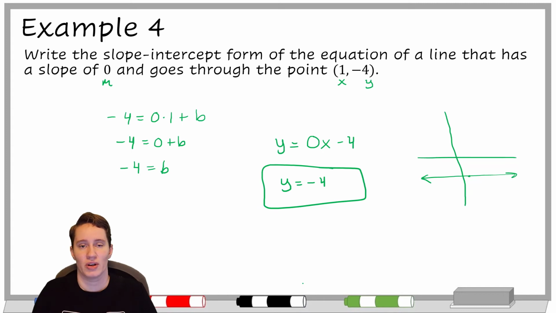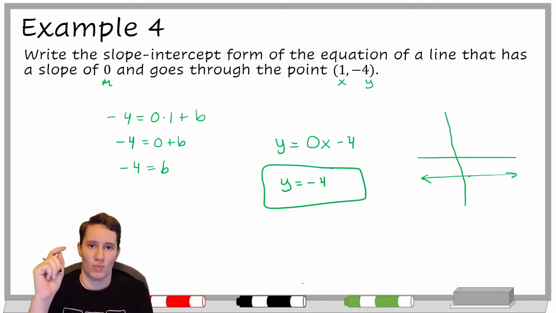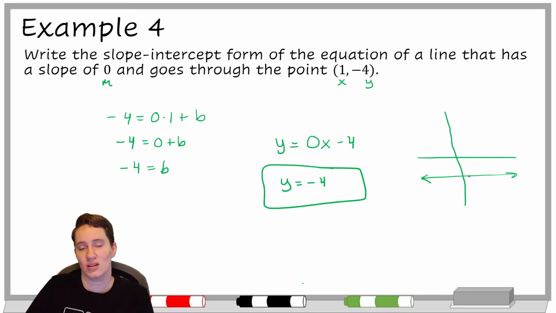Do you remember from an earlier lesson what kind of equations went with a horizontal line? Those lines were y equals a number, because it's saying that whatever this y value is, it has to be that y value all the time, no matter what the x value is. So if we'd realized that at the beginning, we could have just gone straight to the answer and said, oh, I know what this is.